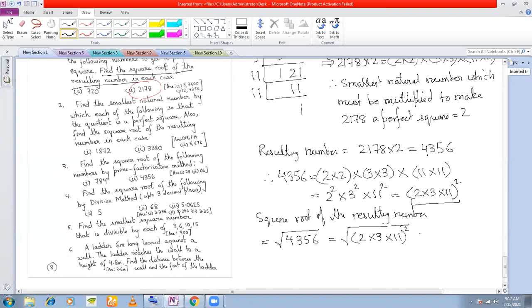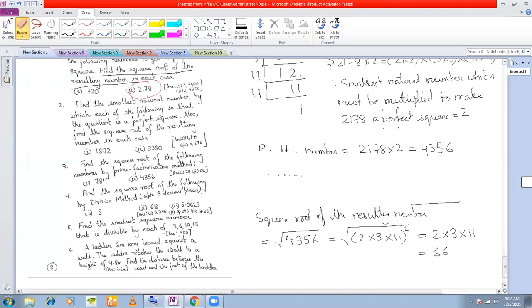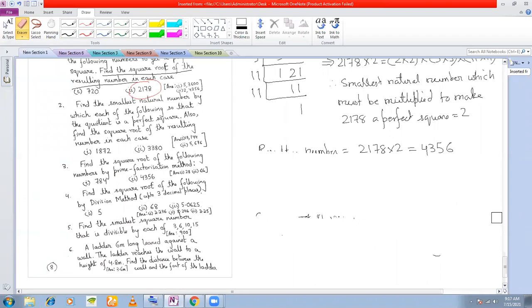You have a square inside a square root, so you can remove the square root. 2 into 3 into 11 will give you 66. And that is your answer. Okay. So this is the first part. So let's move on to the next question. You can do part 1 on your own.